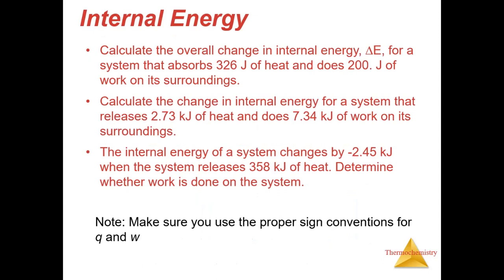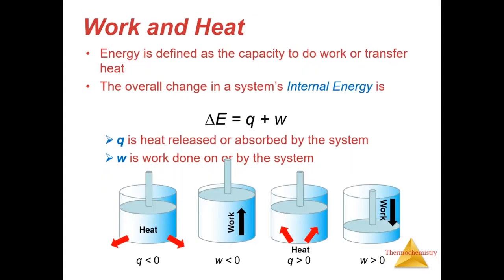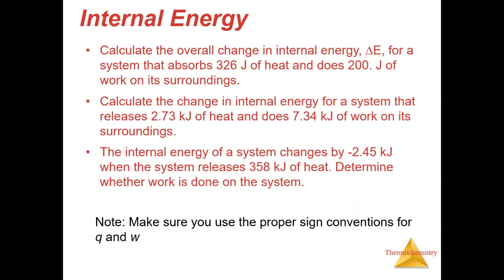Second half, it did 7.34 kilojoules of work. If the system does work, is that sign positive or negative? Negative. So I have a negative 2.73 minus 7.34. My total change in energy is negative 10.07 kilojoules.